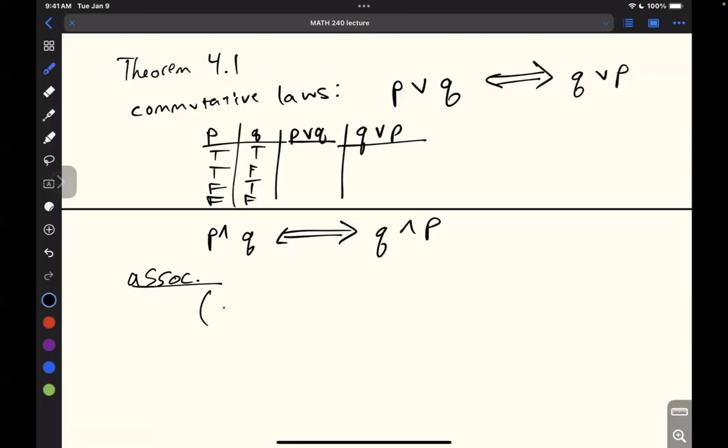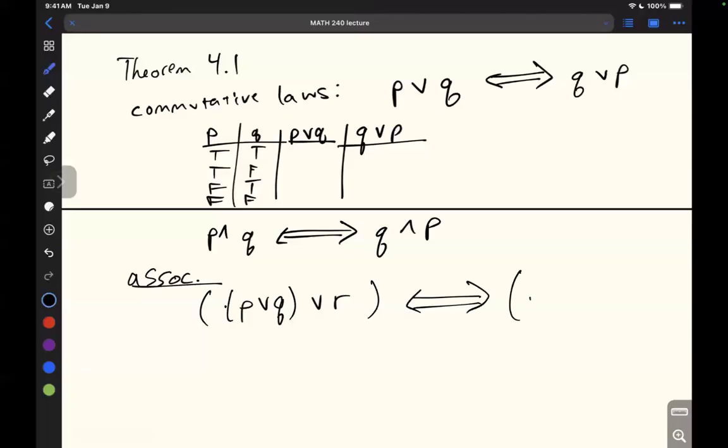The fun stuff like if we have P or Q or R, that's equivalent to, we can move around the parentheses and say P or parentheses Q or R. And this also holds for and.